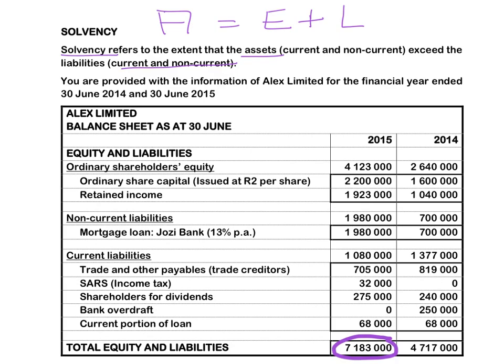So we will use these figures at the bottom of the balance sheet as my total assets, and to get my total liabilities, I will use the non-current liabilities and the current liabilities. So I will take the total assets as 7183 divided by the 2015 liabilities, that's 1980 and 1080.